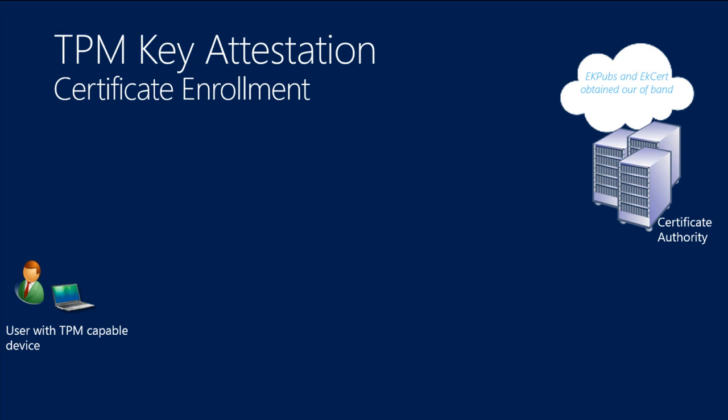The second one is, you remember when organizations wanted to limit TPM trust for their specific organization. We have PowerShell cmdlets that can collect EK pubs, the public portion of the EK pair of keys, and deliver it to administrators. Then administrators can trust only those devices that have those specific EK public keys.